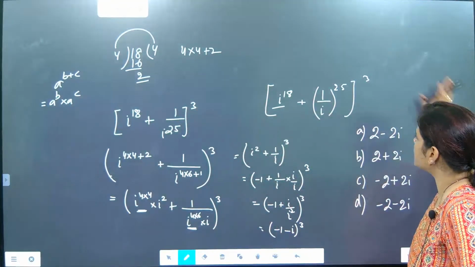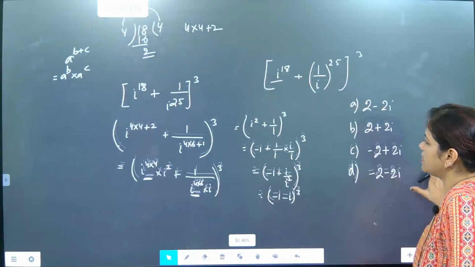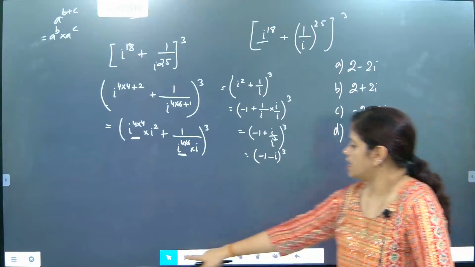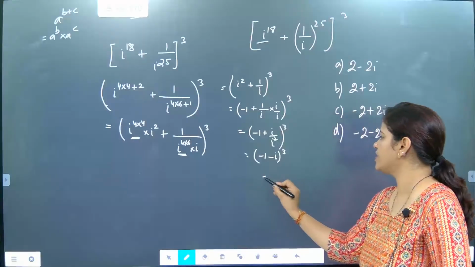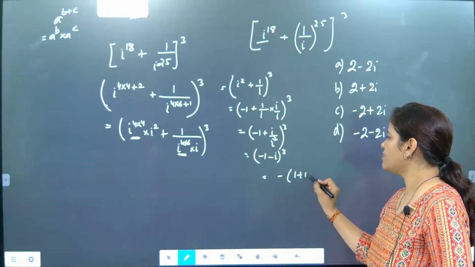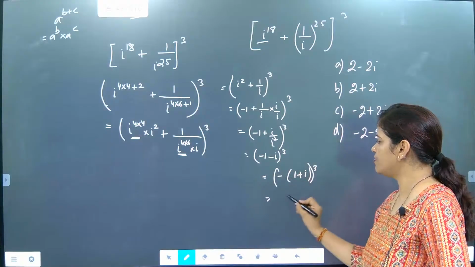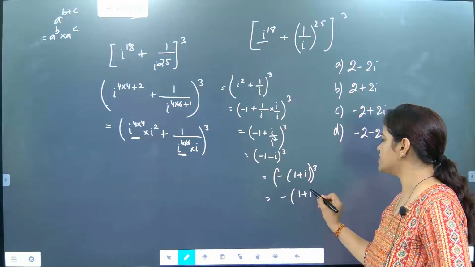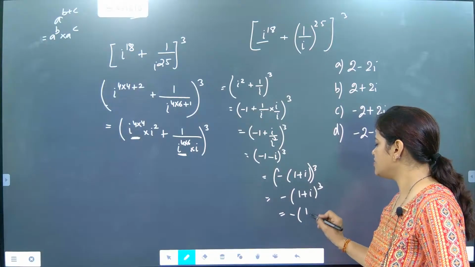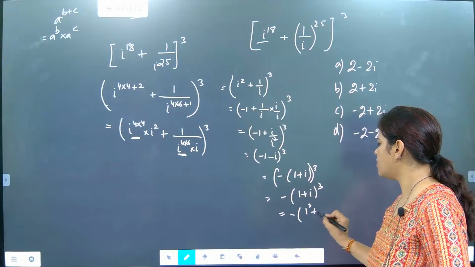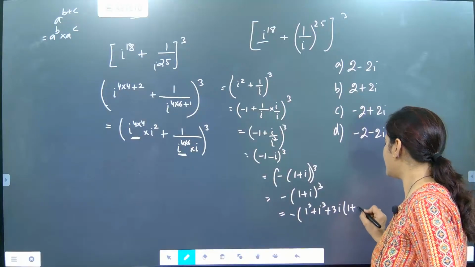Now one small work we are going to do. This is the question, so I'm just going down. Now a cube minus b cube. The first work is that minus is creating a problem for me. I'll take out minus, 1 plus i whole cube is left. Now negative cube means negative. Now the only focus is 1 plus i cube. This is for explanation; you can jump the steps. i cube: 1 cube, i cube plus 3i, 1 plus i.